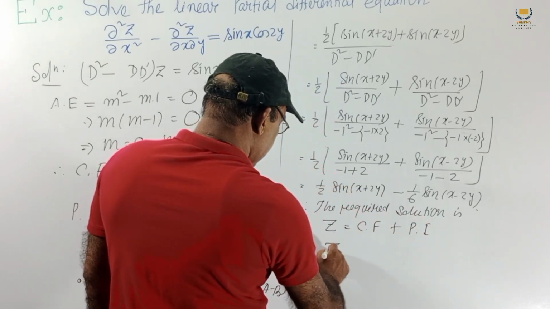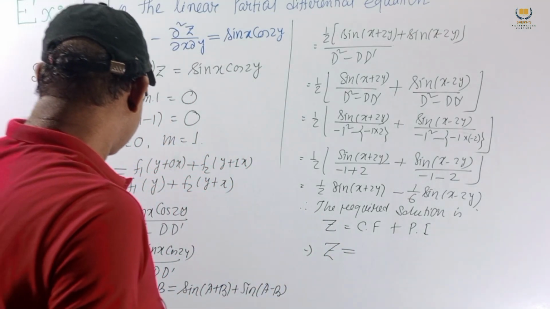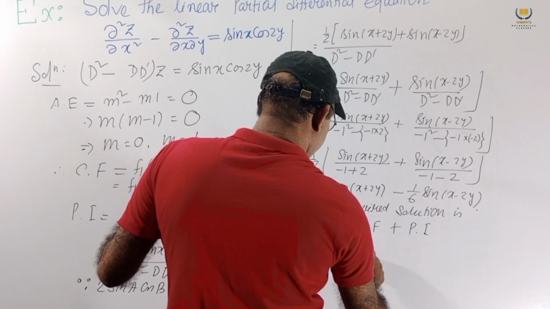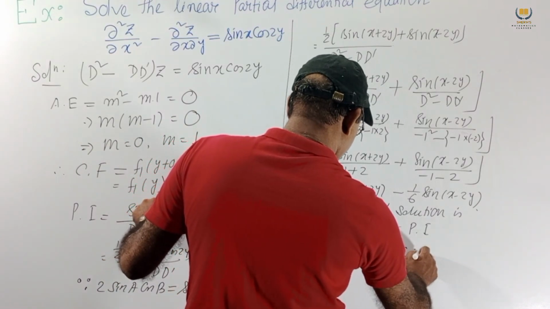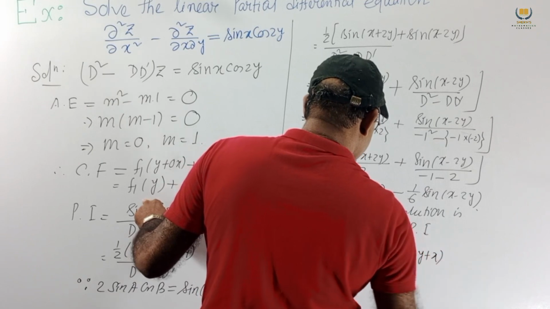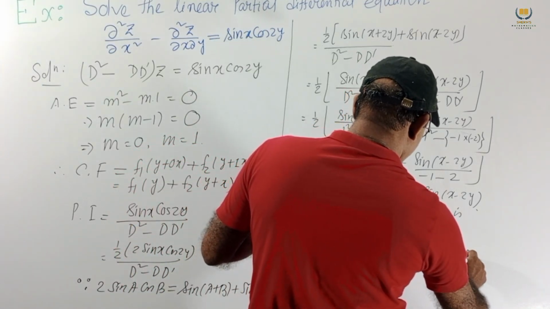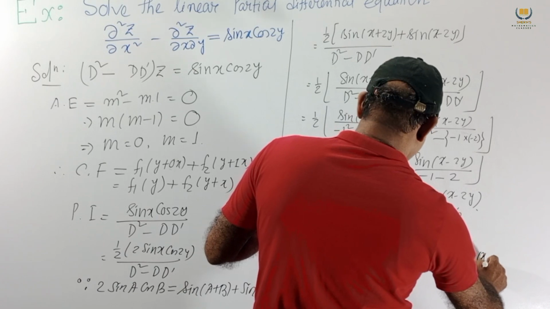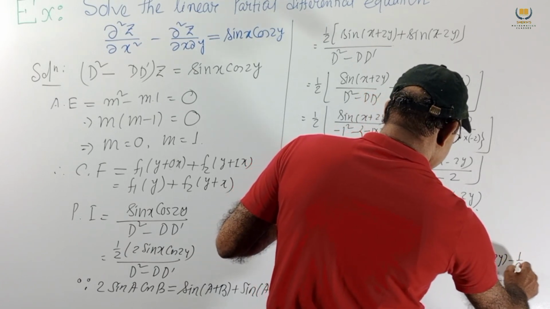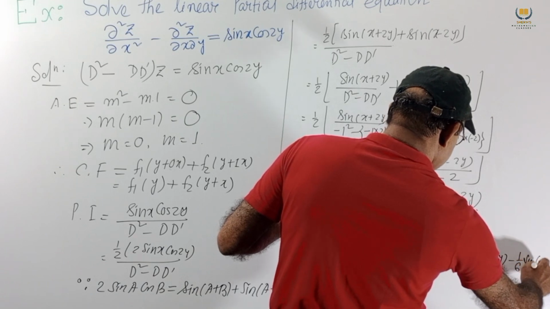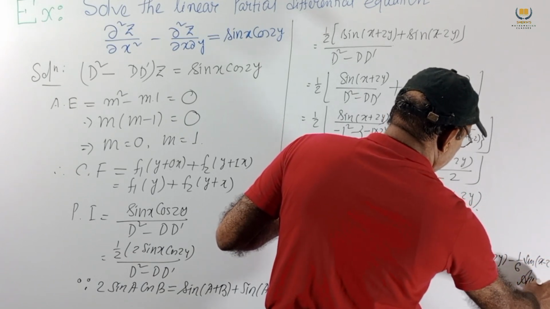CF means this one, f1(y) plus f2(y plus x), and PI means 1 by 2 sine(x plus 2y) minus 1 by 6 sine(x minus 2y).